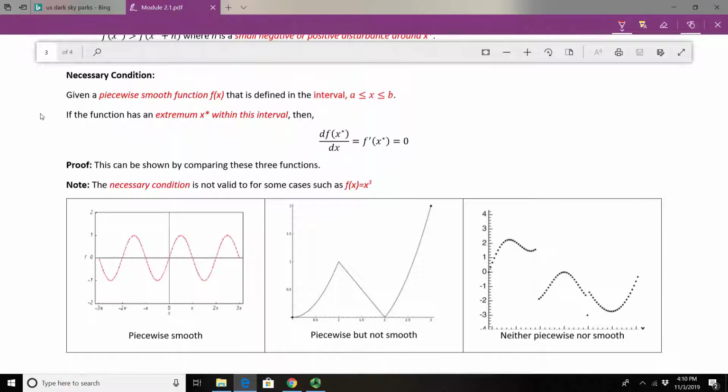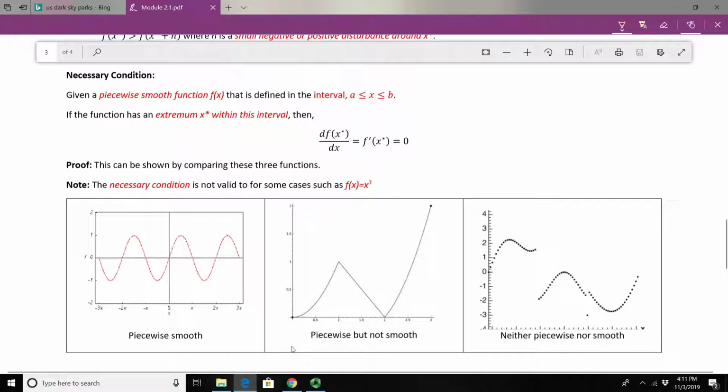You start by saying if we have a piecewise smooth function defined over the interval a to b. Before we continue, let's look at what piecewise smooth means. The first case here, of these three cases, is piecewise smooth because there is no jump between any two points within this range, and the slope is also continuous.